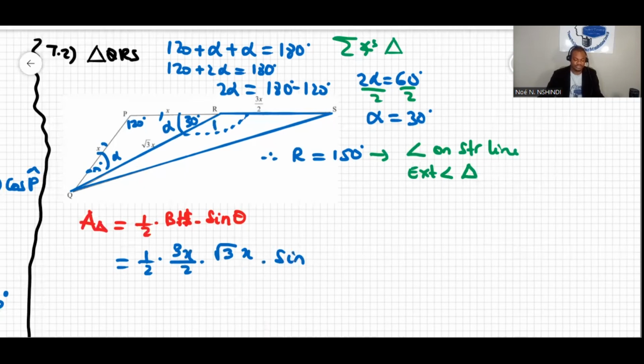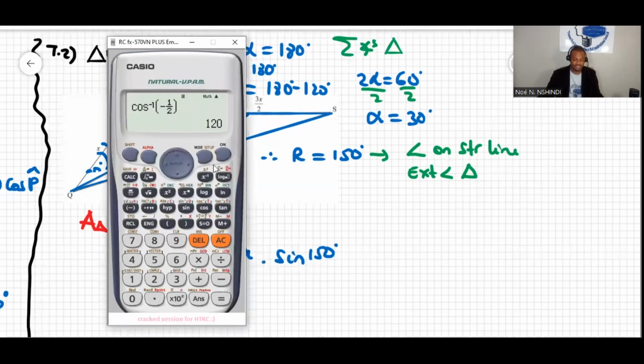This angle is 150 degrees. So this will be 3 root 3 over 4 x squared times sine of 150 degrees.